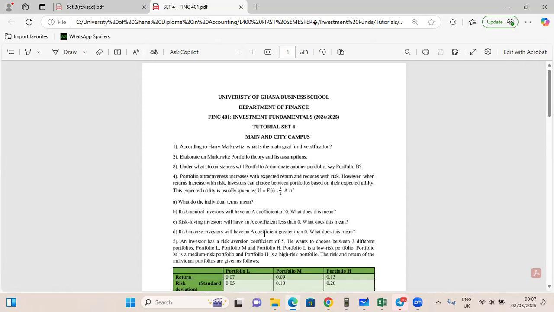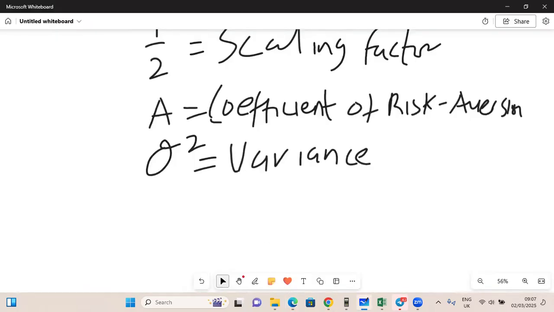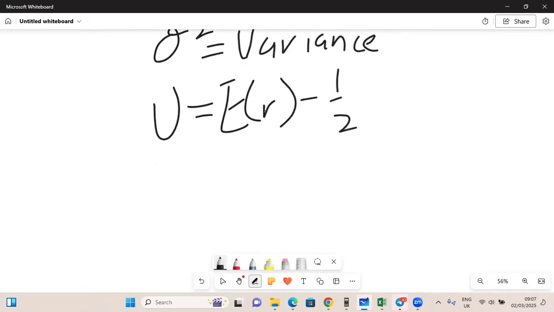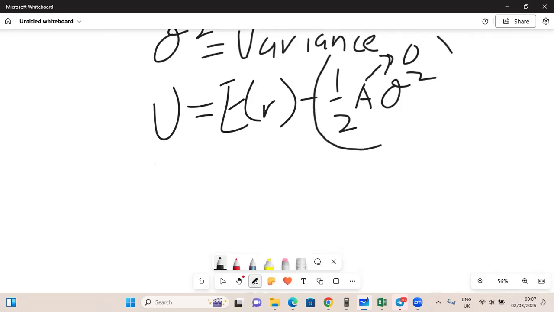So we can prove it by putting it here. Here's the formula, right? U is equal to expected returns minus 1 over 2 A standard deviation. Now, A is 0. So when A is 0, A is multiplying everything here. So ER minus 0 is equal to what?